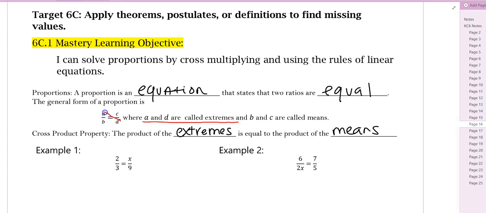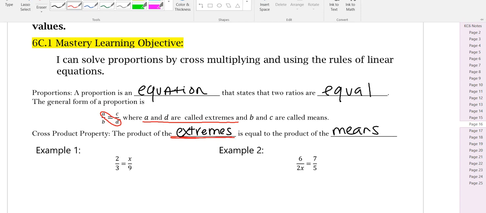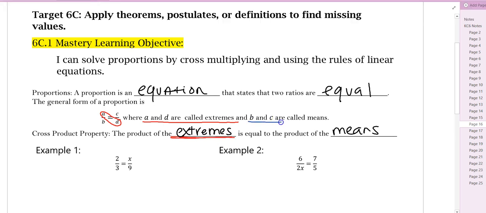So if we were to multiply these together, these are my extremes, that's going to equal B and C, which are my means. So if I were to multiply B and C, those are also equal. All right, so that's what I mean by cross multiplying. You're multiplying the numerator and the denominator of opposite fractions times the numerator and denominator of those opposite fractions.